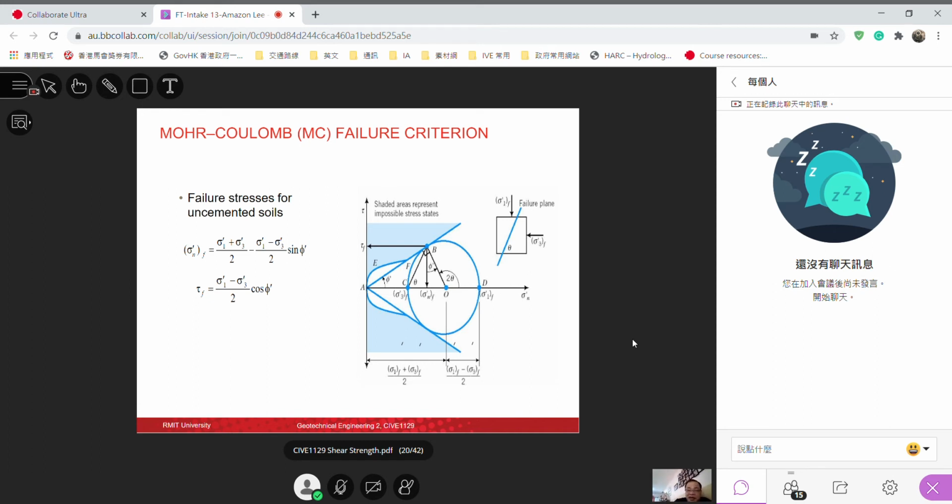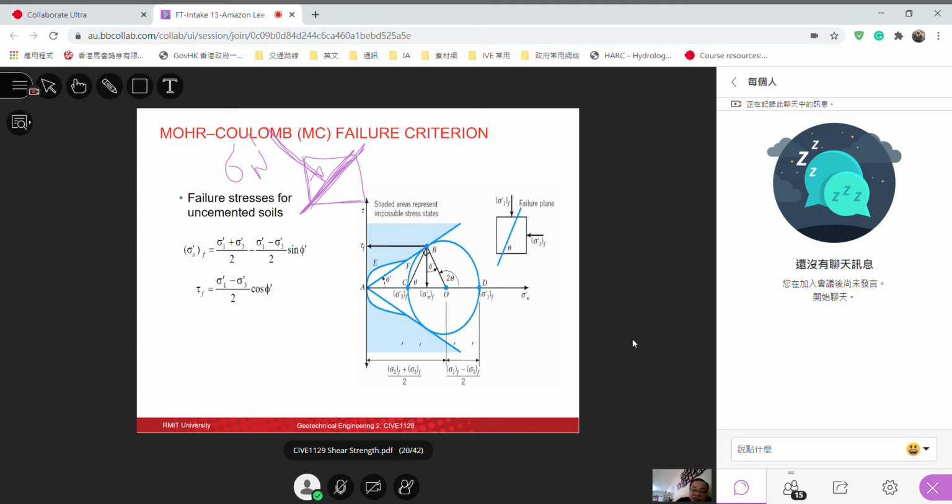Now, to further complicate things, remember we're saying this is the soil element, this is the potential failure plane, this is the effective normal stress perpendicular to the failure plane.